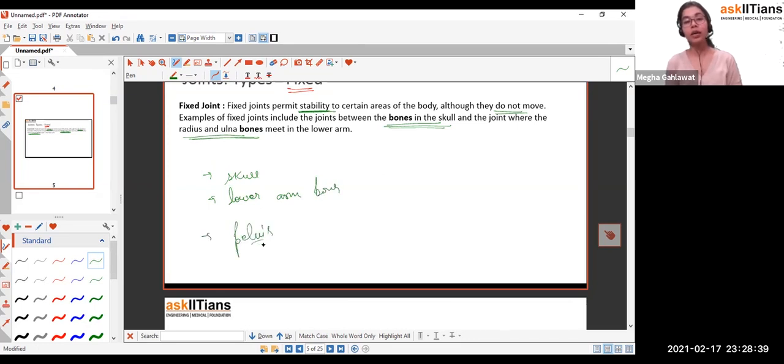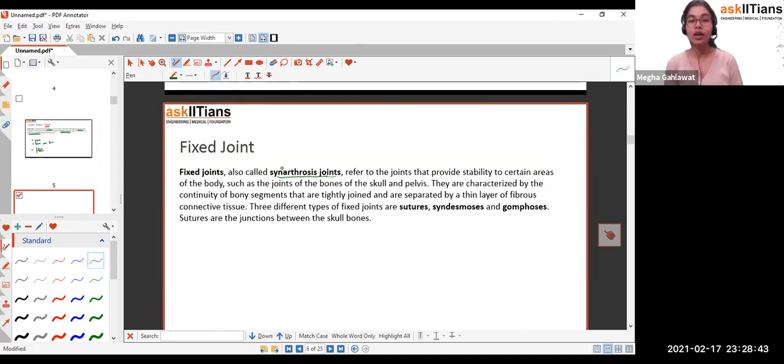The pelvis is the hip region. Apart from that, they're also called synarthrosis joints, which provide stability, so always go with the keywords. If you mention these keywords, they are going to help you get more marks.